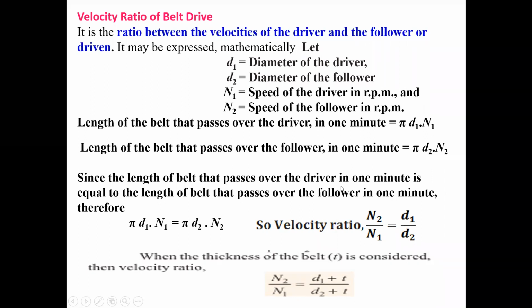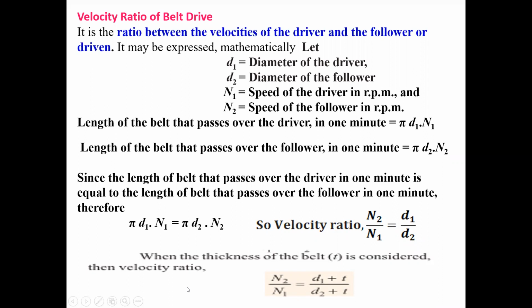The length of the belt passing over the driver in 1 minute is equal to the length of the belt passing over the follower in 1 minute. Therefore, pi d1 n1 equals pi d2 n2. So velocity ratio, n2 by n1, equals d1 by d2. That is the velocity ratio.